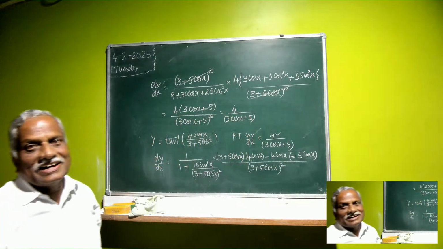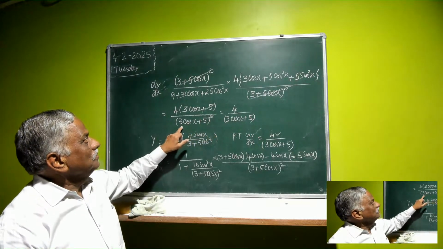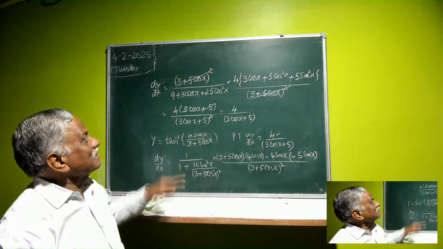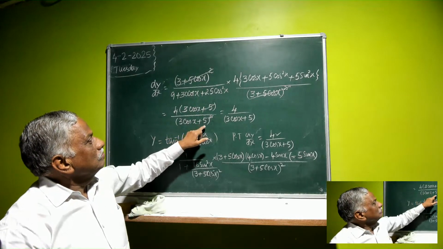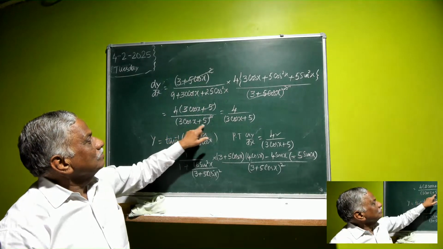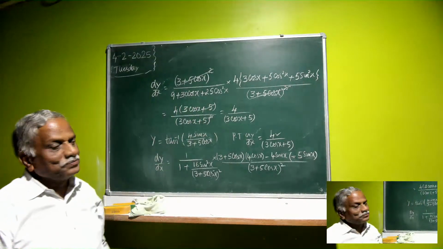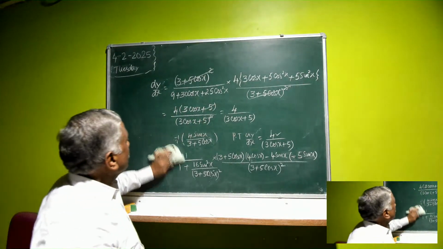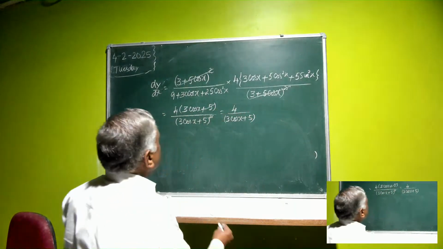But how can you write that? Very simple. You expand this, you get 9 cos square x plus 30 cos x plus 25. But the actual problem given is not that. How to arrive at this?